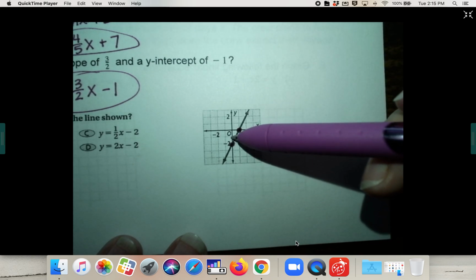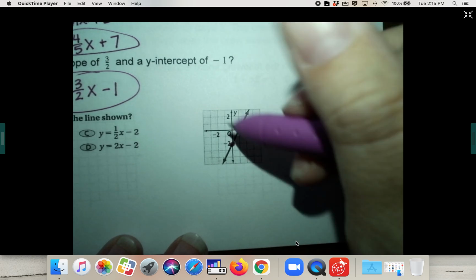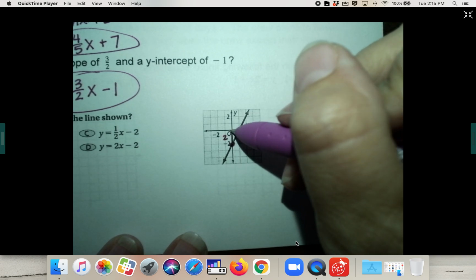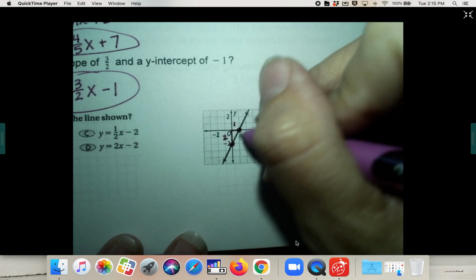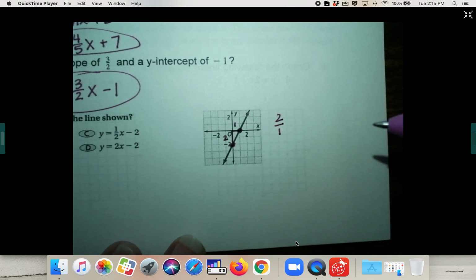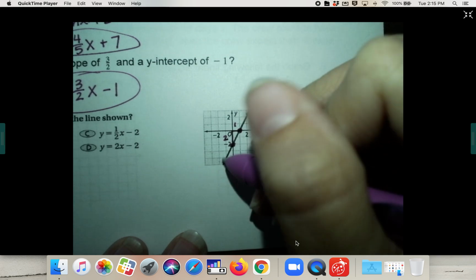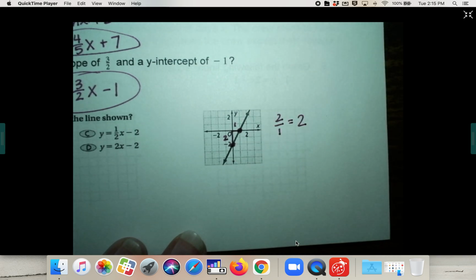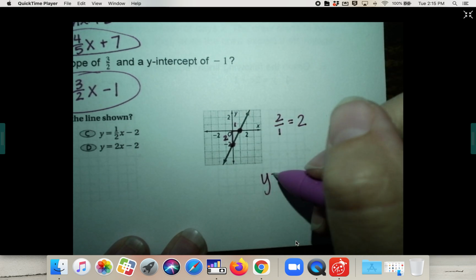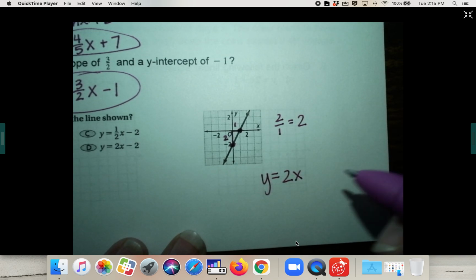It rises 1, 2, and runs 1. So it rises 2, it runs 1. So rise over run, 2/1. We're going to simplify that fraction. 2/1 is just 2. And that is my slope. That's how steep the line is. So y equals 2x.